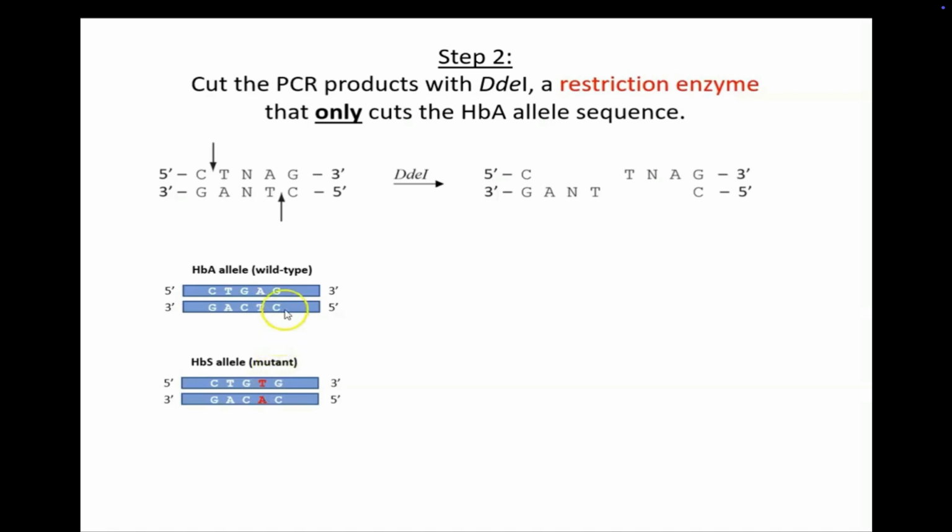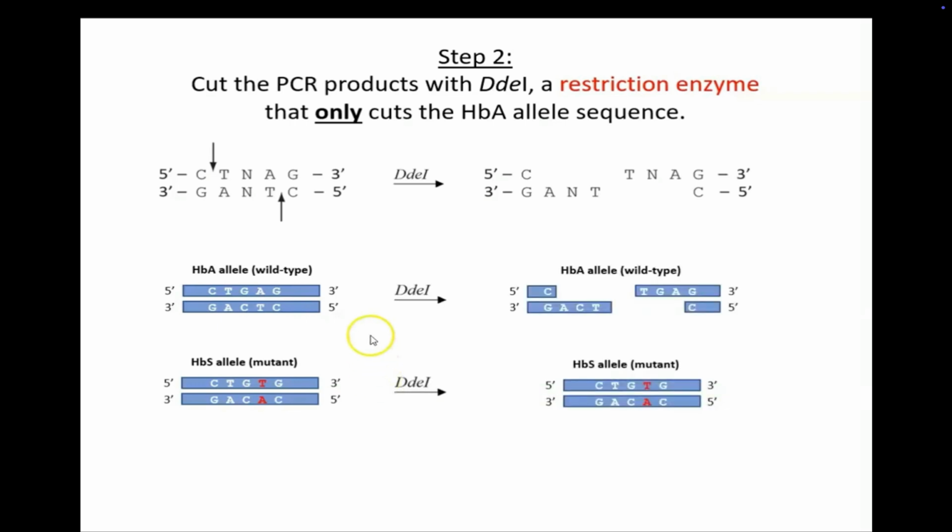So if we try to cut our PCR products with the wild type and the mutant versions of this gene with DDE1, what happens is that the HBA allele gets cut because it has the correct sequence, and the HBS allele remains uncut. So we get 2 pieces of DNA for the wild type allele and no cut, or just 1 piece of DNA for the mutant allele.